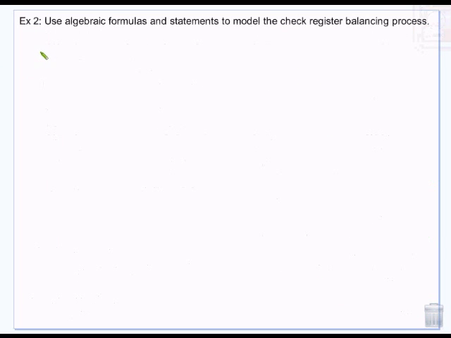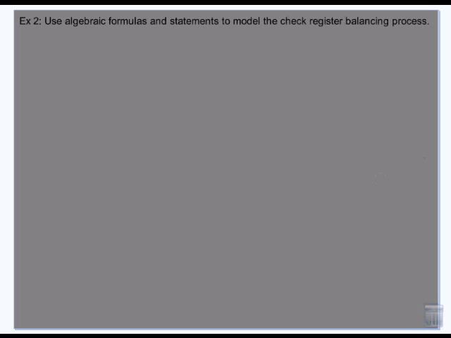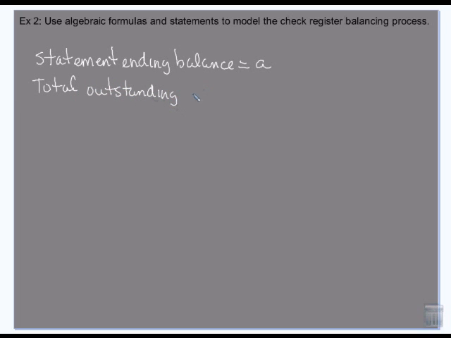All right, so if we call the statement ending balance A. And then I have total outstanding deposits, deposits with a P. I'll call that B. And then I have total outstanding withdrawals.